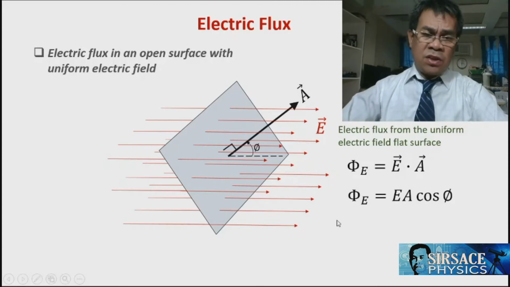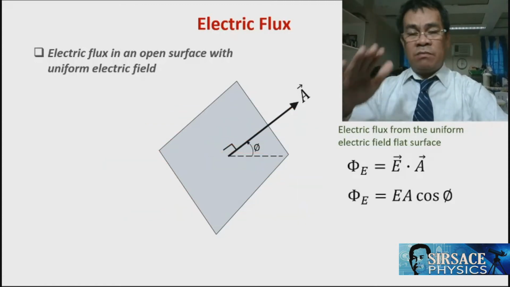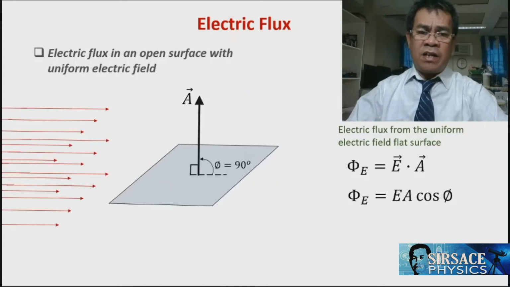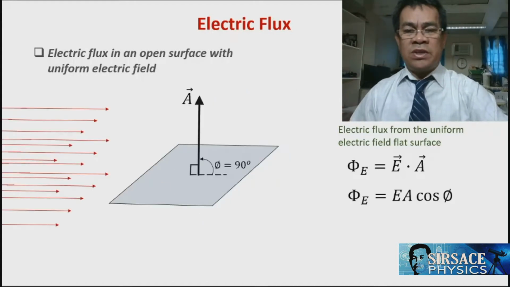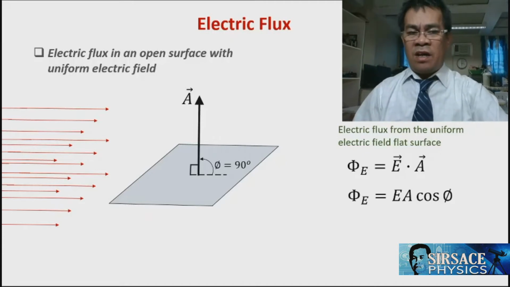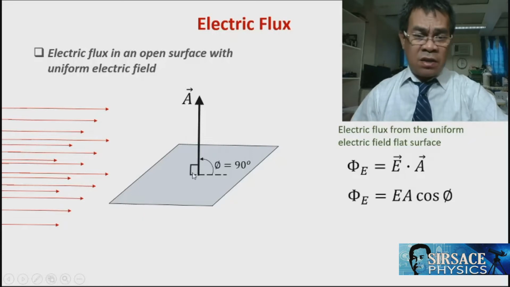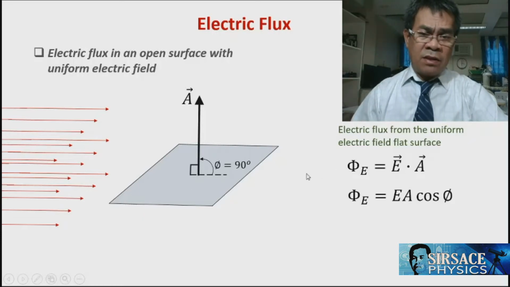Okay, so let's continue changing the position of the surface area. Suppose the plane now becomes horizontal. The question is, do we have the electric flux? When we orient the plane into horizontal, this means that the normal is now perpendicular to the field.